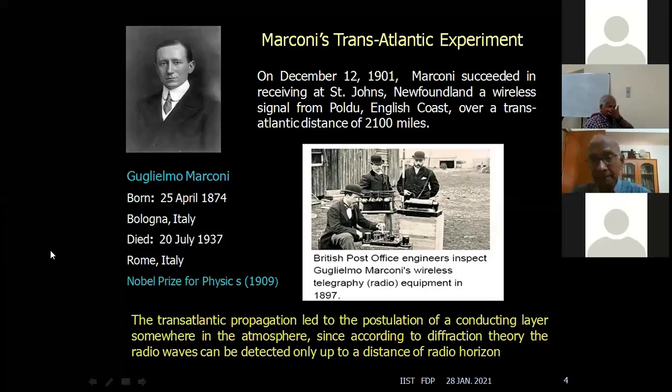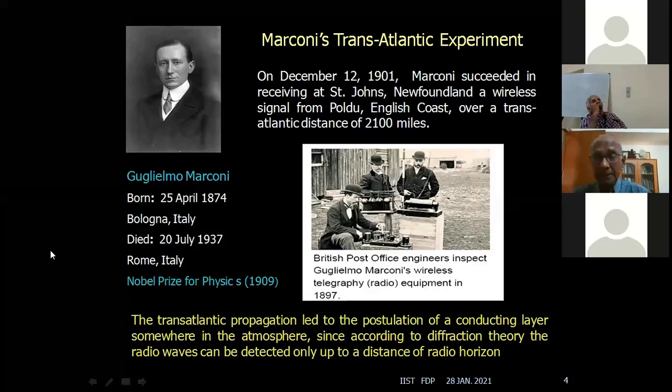Incidentally, no one believed that radio waves can propagate beyond the horizon, because electromagnetic waves, radio waves, are nothing but one part of the electromagnetic spectrum. Electromagnetic waves do travel in straight lines, and they cannot be bent around the curvature of the Earth.